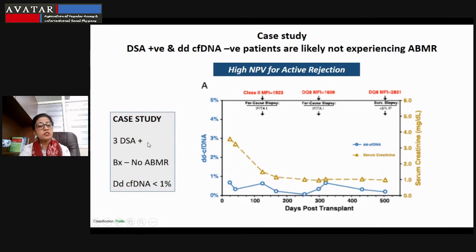Now, DSA positive on three occasions, biopsy negative for ABMR on all three occasions, and donor-derived cell-free DNA consistently below 1%. So the patient was not a case of ABMR, but as far as the biomarker donor-derived cell-free DNA is concerned, it has a high negative predictive value for active rejection.